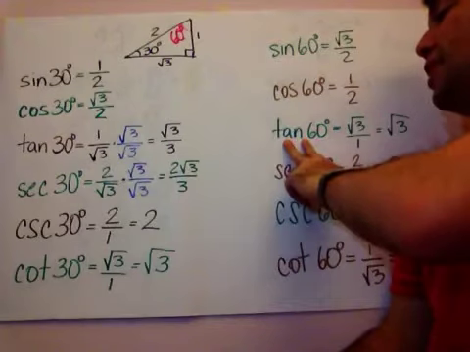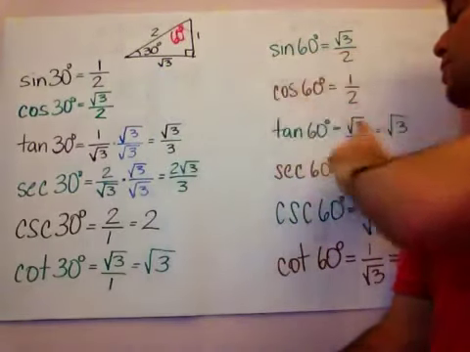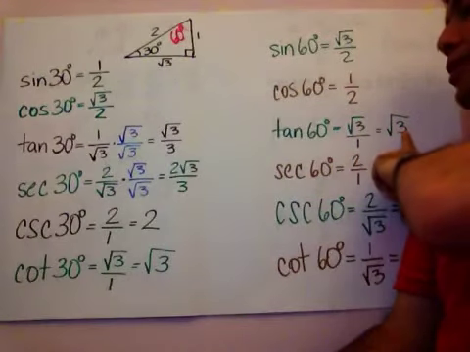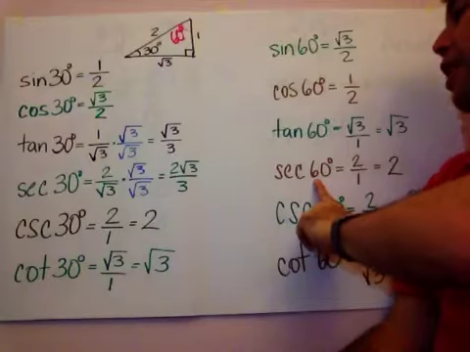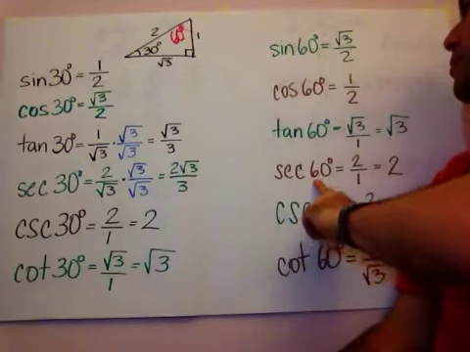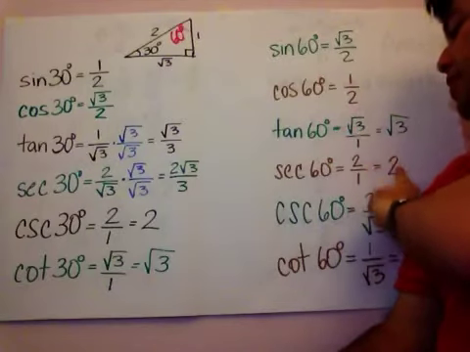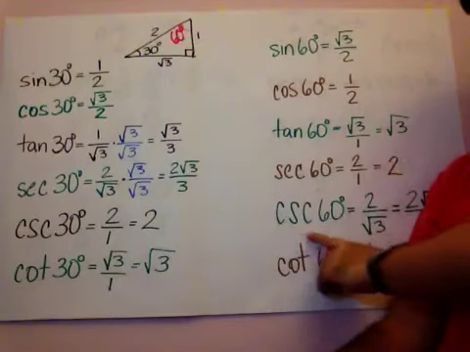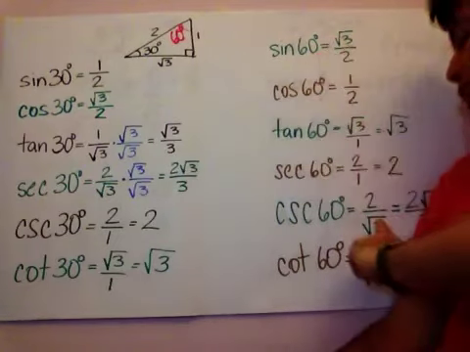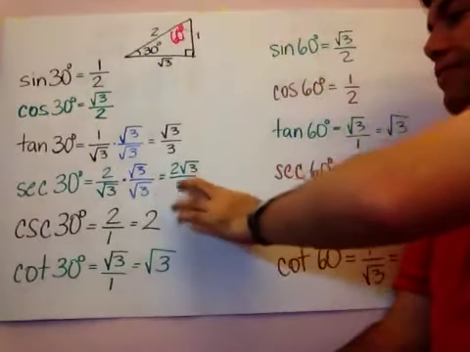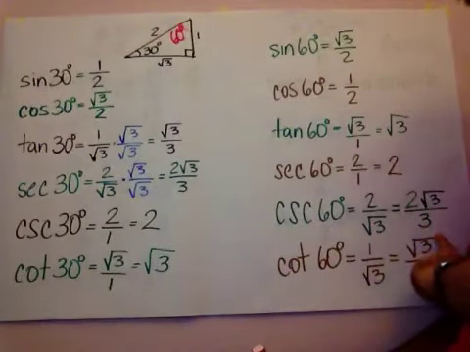Tangent of 60 degrees is opposite over adjacent, square root of 3 over 1, which is square root of 3. Secant of 60 degrees is the reciprocal of the cosine, so the reciprocal of 1/2 is 2. Cosecant is the reciprocal of the sine, so we have again 2 over the square root of 3, which we did over here, and we know it's 2 square root of 3 over 3.